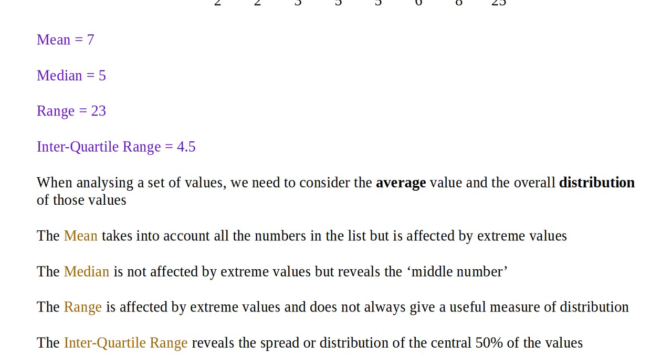They were quite close together. It's just that one extreme skewed the values. And the interquartile range is perhaps quite complicated to work out. You've got to find the upper quartile and the lower quartile, but nevertheless 4.5 shows me the spread, the distribution, because it only looks at the central 50% of those values.